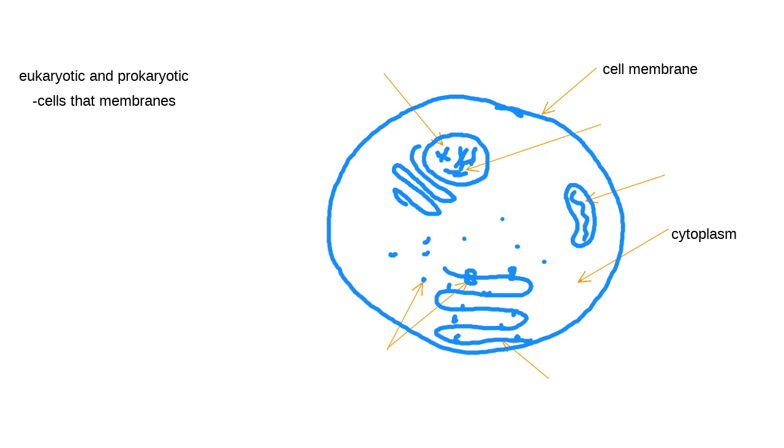Then, as eukaryotic cells, you have a nucleus. This is the brain of the cell. Inside it you have the genetic material, which we talked about before in chapter 1. Those are called chromosomes, which contain genetic material, or genes, which are made out of DNA.